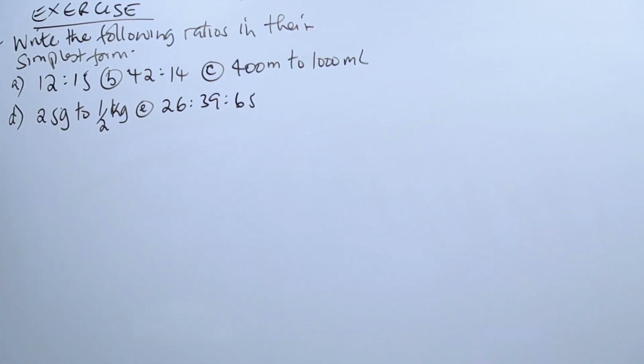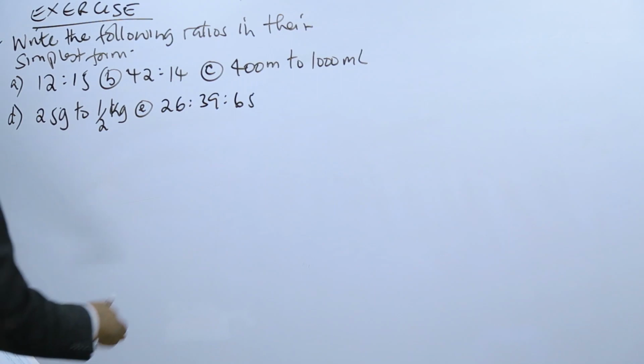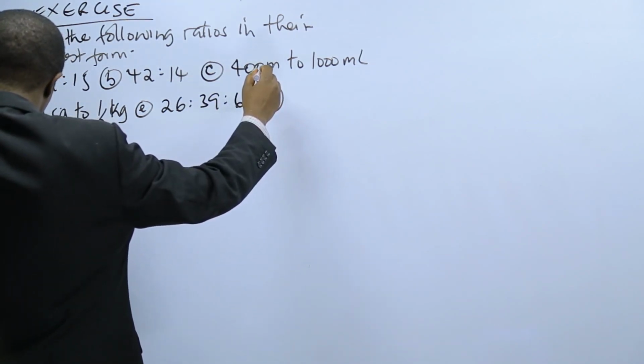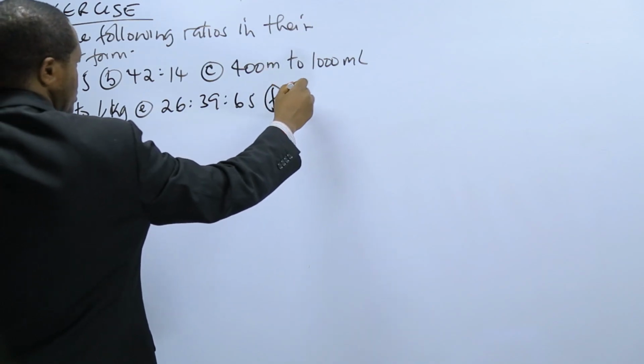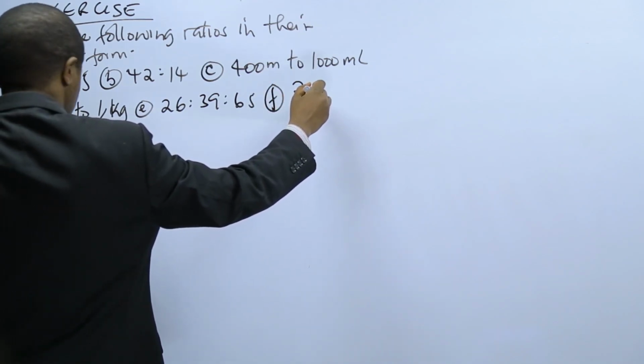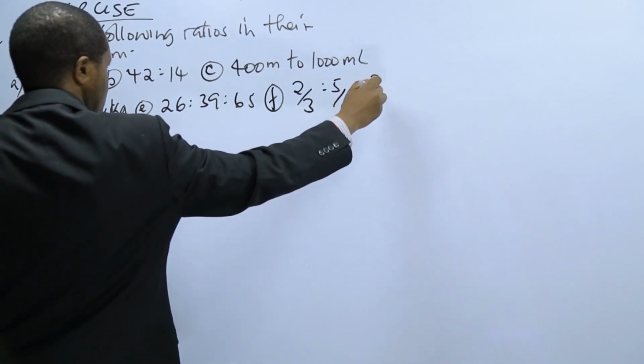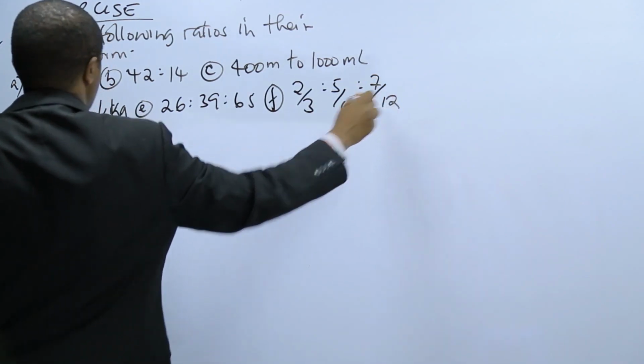All right. Then we have F. F is 2 to 3, 5, 6, 7 over 12.